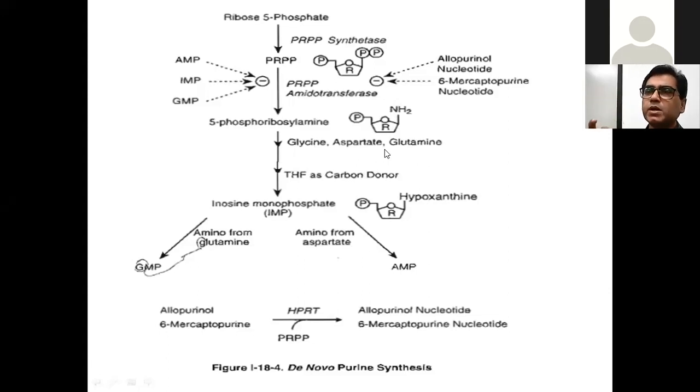So that means your body has a tendency to synthesize these purine rings from scratch. That means if the purines are not there, if the ribose 5-phosphate is not there, even then this basic structure can borrow some carbon, some nitrogen from glutamine, aspartate, and glycine, and they can build up a 2-ring purine structure by themselves.